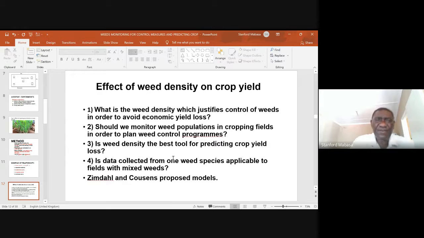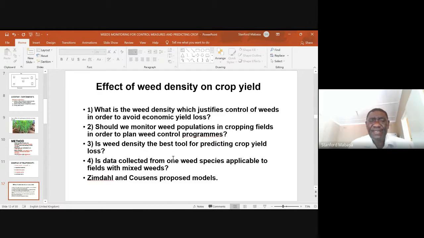What is the effect of weed density on crop yield? What is the weed density which justifies control of weeds in order to avoid economic yield loss? This is our weed control threshold. Should we monitor weed populations in cropping fields in order to plan weed control programs?